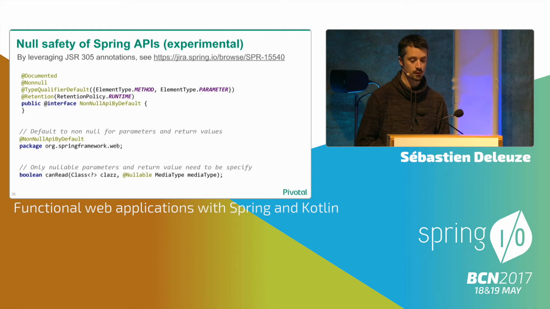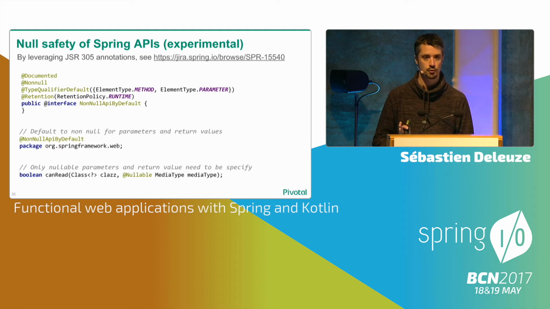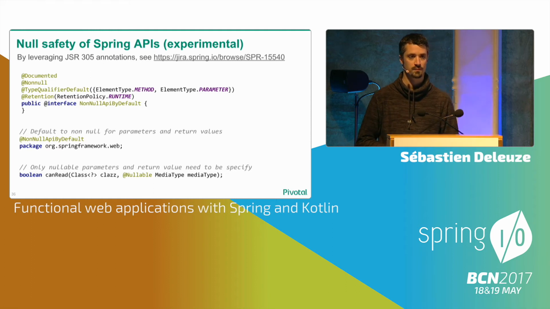Another topic we are working on, so this one is experimental. I'm not sure yet we will be able to make it for Spring 5.0. I will try, but see some work. We try to leverage JSR 305 annotations to bring null safety to the whole Spring API.